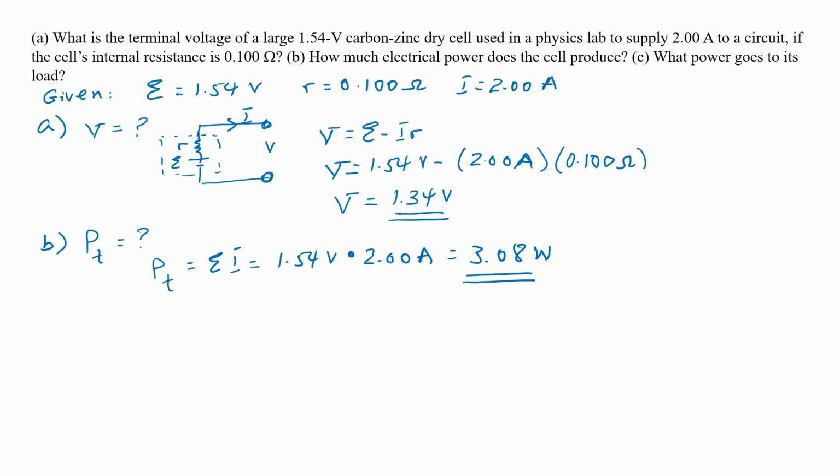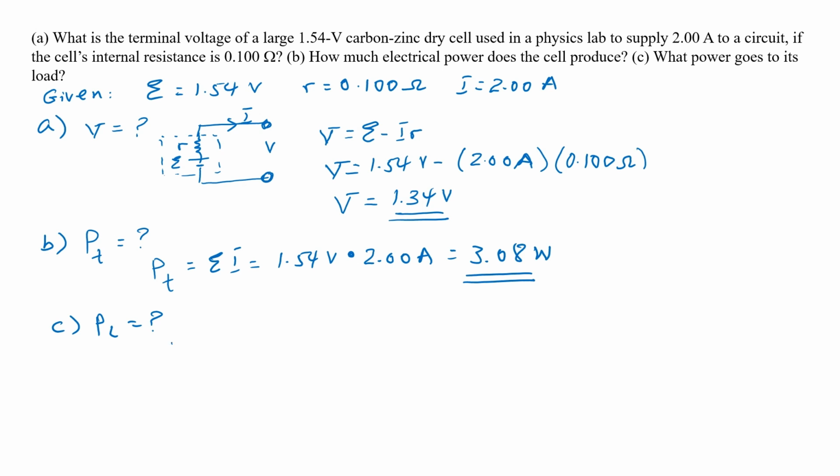And see what power goes to its load. So power of the load is required. And the power of the load is basically its total power minus the power dissipated by the internal resistance.